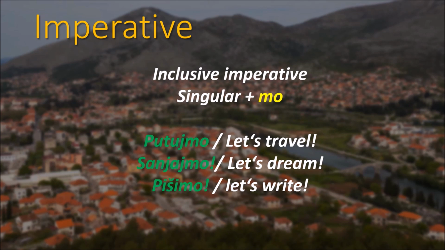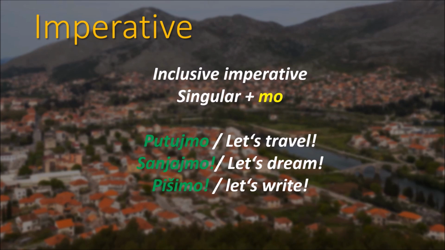So the first verb that we have here is putovati, and we already have it in inclusive imperative form. The third person plural would be putuju. We removed that u, and then we had a singular form, which is putuj, and then we added mo to it. So that's how we have putujmo. Let's travel.